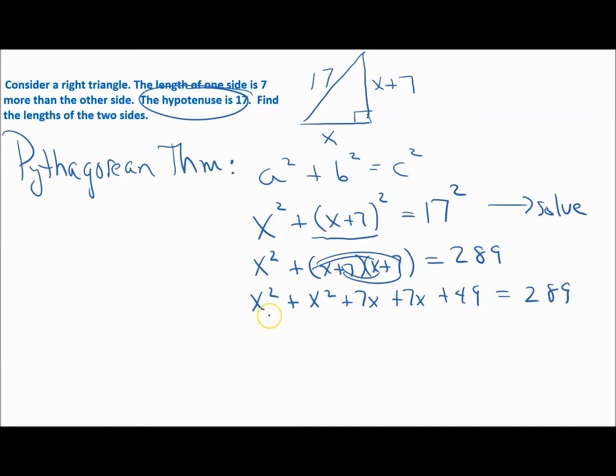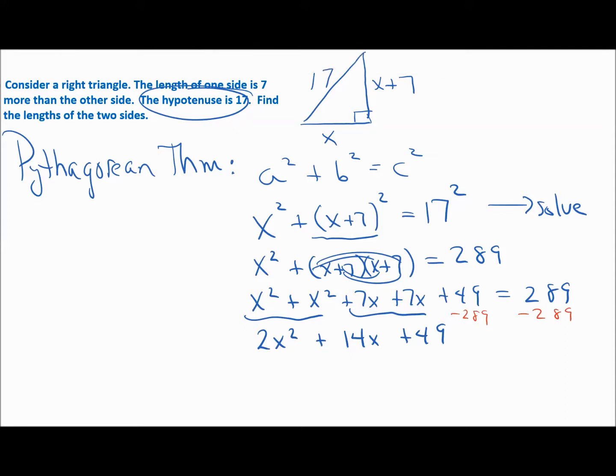Now I'm working with like terms. Combine, combine. So I have 2x squared plus 14x plus 49. But y'all have got to subtract that 289, right? So maybe let's go ahead and do that before we write an extra line. So what I'm saying is minus 289 minus 289.